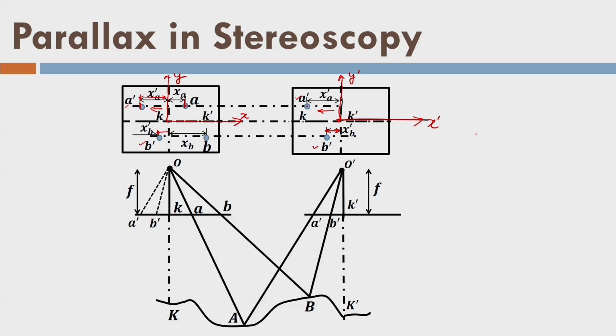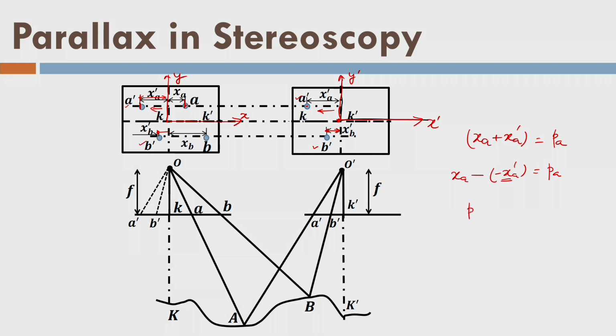So, I can write here XA plus XA dash, numerically it is equal to the parallax of point A. I can also write XA minus XA dash, because it is a negative coordinate. So, I am basically taking the algebraic sum of the two locations with respect to their corresponding image centers.